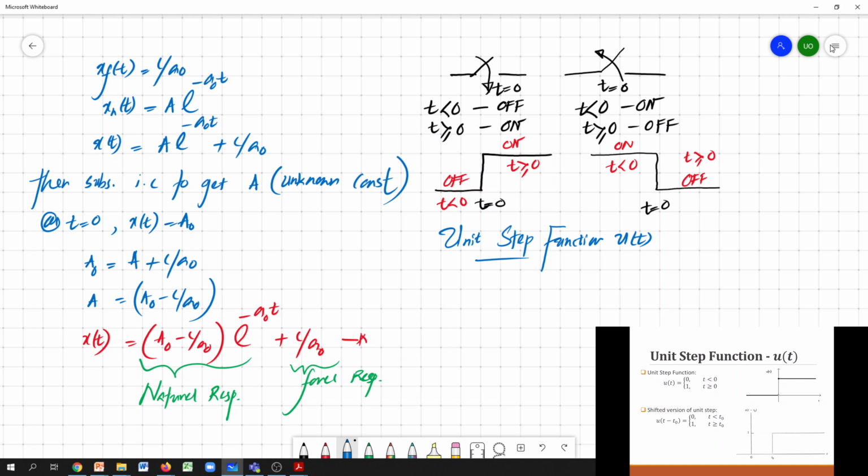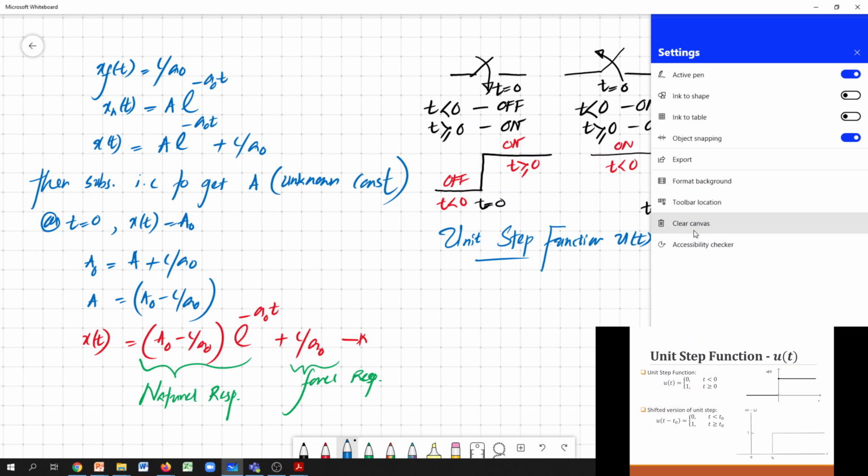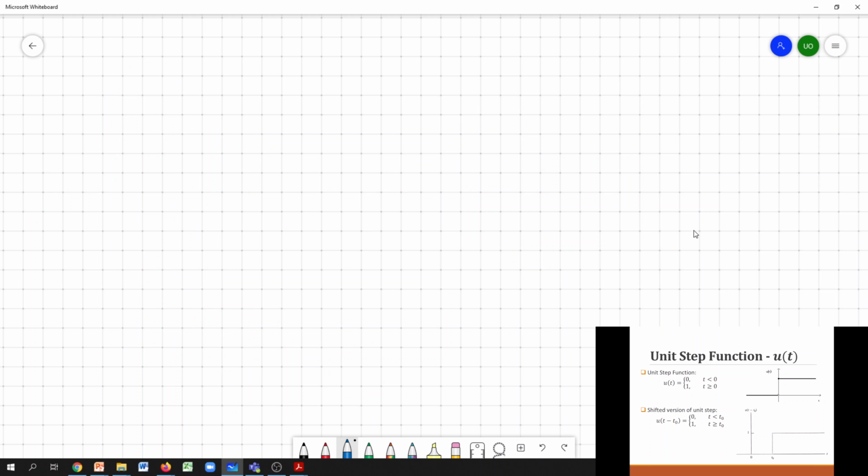I believe you are familiar with the unit step function. In circuit theory we basically use this notation u(t). So this is u(t) actually, not text, u(t). This represents the unit step function. If you define it mathematically, it is 1 for t greater than or equal to 0, and 0 otherwise.